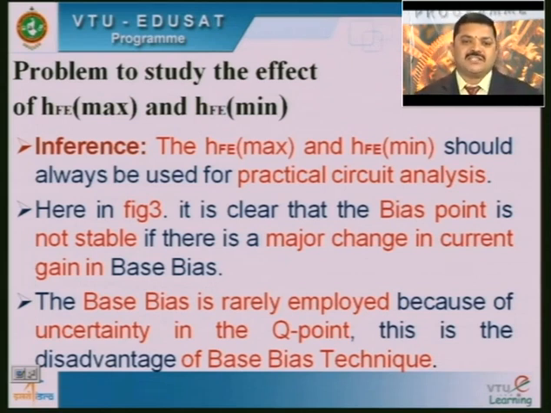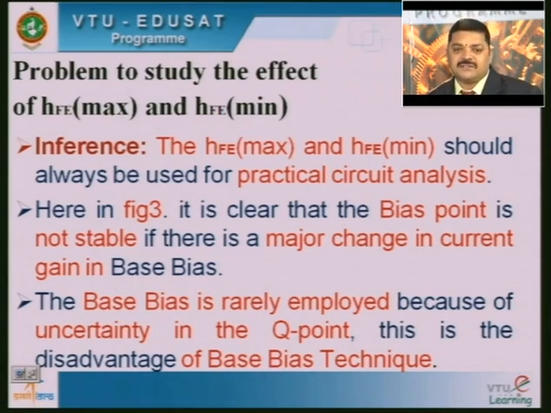If there is a major change in the current gain in base bias, that is, we have taken 50, 100 and 200 values, and if there is a major change from 50 to 100, 100 to 200, then the bias point is not stable. That is the inference out of this discussion.